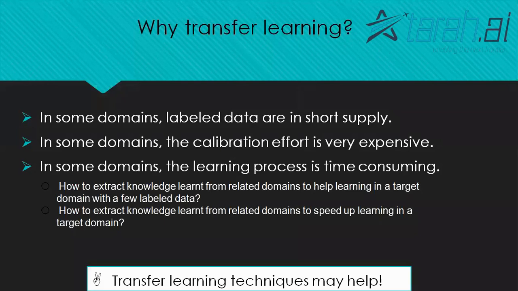So you can think about what I'm hinting at. Transfer learning is equivalent to reuse: if somebody has done some effort in a related domain, you try to reuse it.